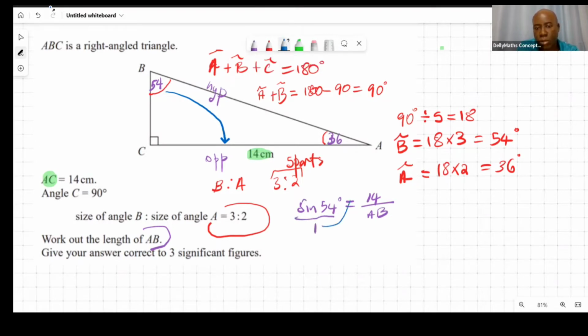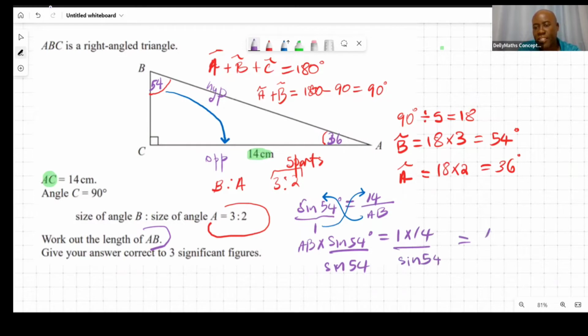So AB times the sine of 54 degrees is equal to 1 times 14. Now, to find AB, we divide both sides by the sine of 54 degrees. So AB is 14 divided by the sine of 54.